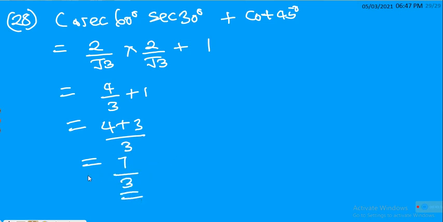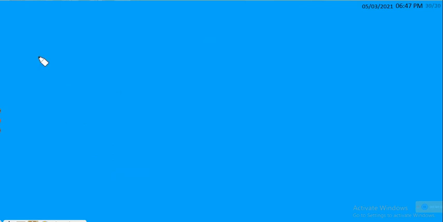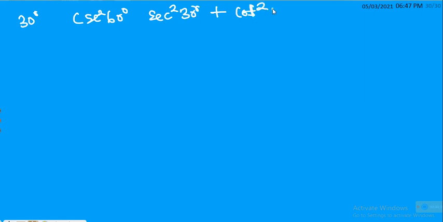7 over 3. And lastly, we can have 30 as cosec square 60 degree, sec square 30 degree, plus cot square 225 degree.